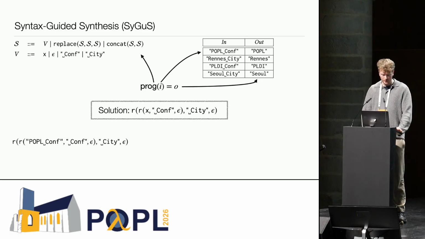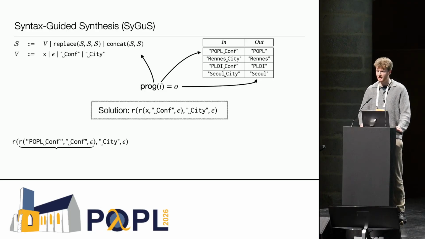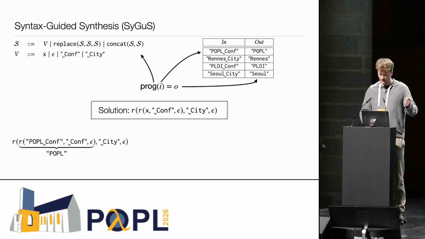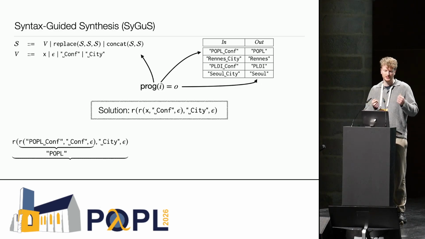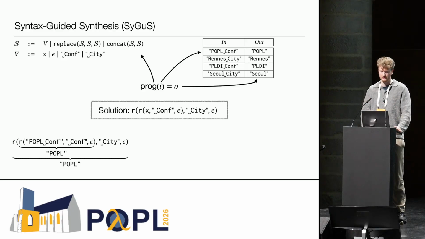So if we evaluate the inner replace operation on POPL''conf, conf, and epsilon, we replace the conf part inside POPL''conf by the empty string epsilon. This essentially deletes the conf part, and we're just left with POPL'. Then, in the outer replacement, we replace the city part inside POPL' by the empty string. But since there is no city inside POPL', we are just left with POPL'.